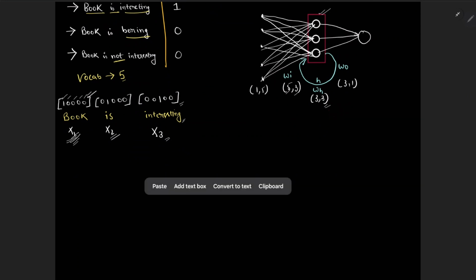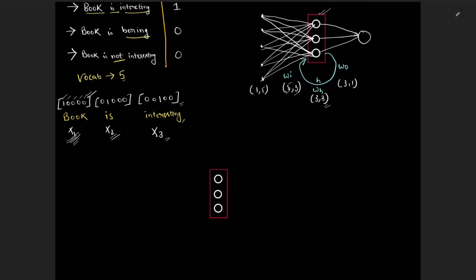So this is our neural network at, say, timestamp t equals 1, and we are providing it with an input, say x1. We know this x1 has some importance in predicting the outcome, and that importance will be specified by the input weights, which is wi.